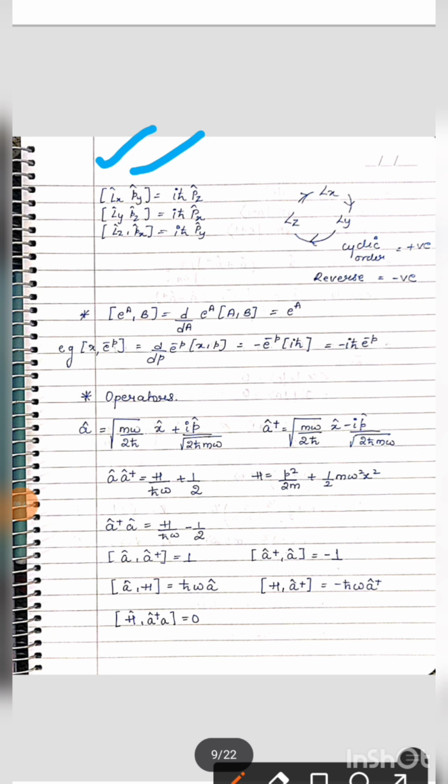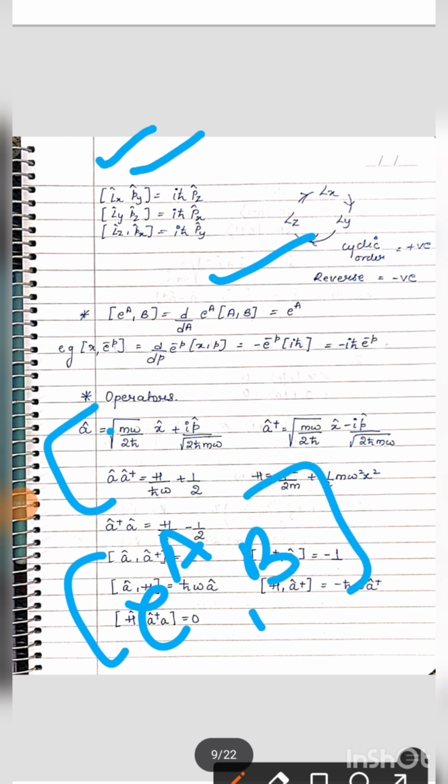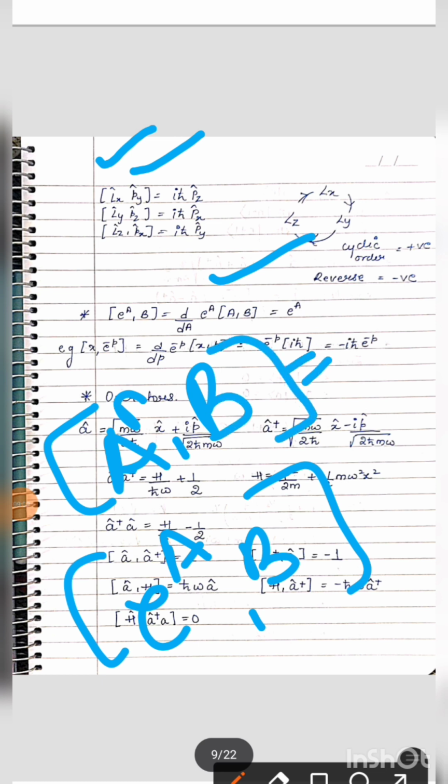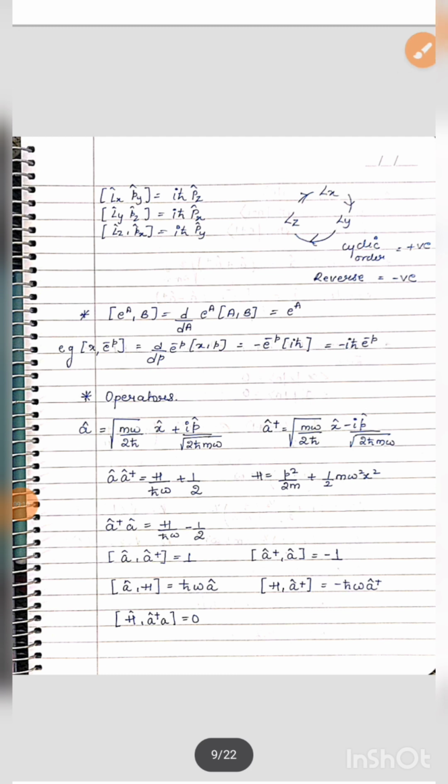Okay. Next, here I have taught one more commutator formula, that is e to the power of a with b. We have learned the formula for a to the power of n with b. This is the commutator for a to the power of n. If it is an exponential, then the formula will be d by dA of e to the power of a into the commutator of a, b.